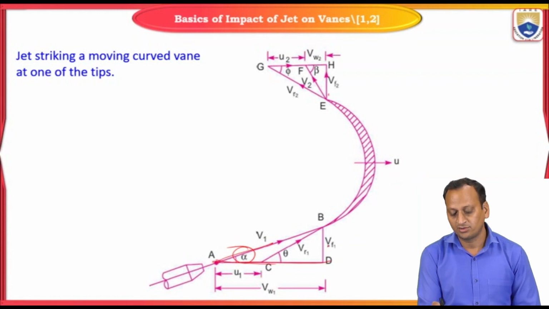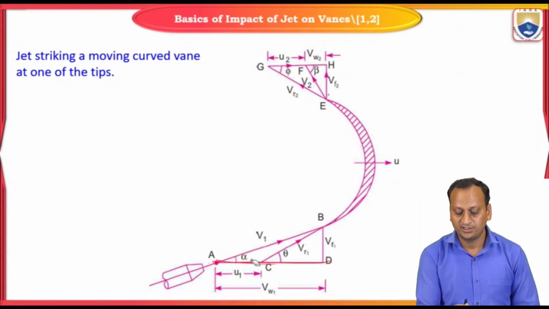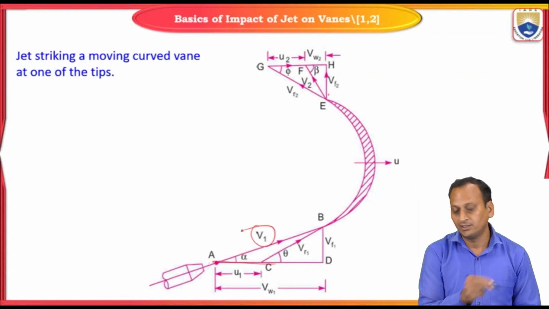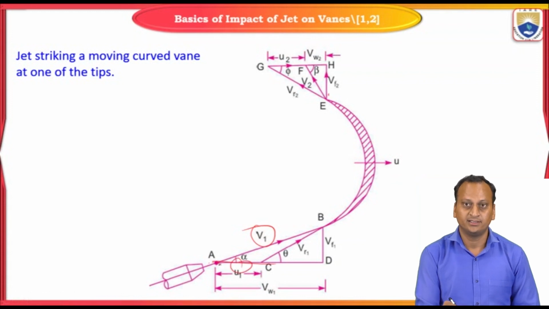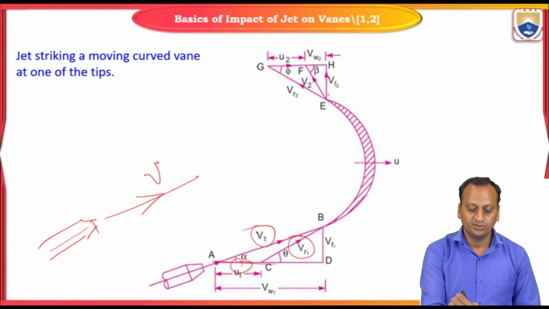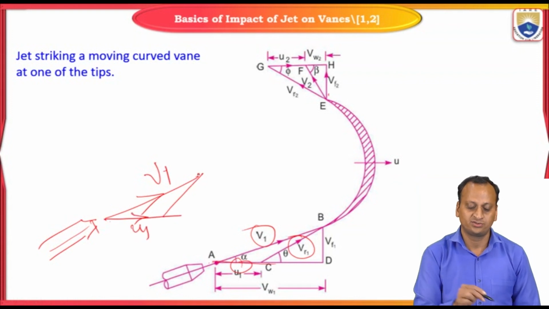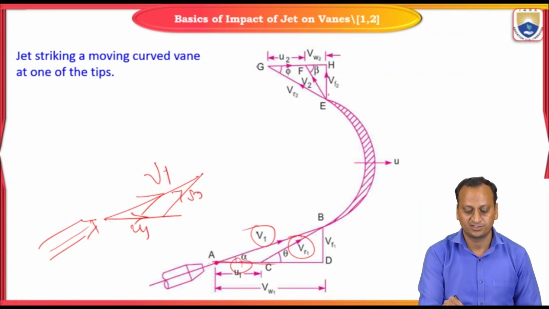Similarly, after drawing the triangle and knowing these various components, there is a relationship between the jet velocity and blade velocity, which is VR1, known as the relative velocity. This is the jet velocity through which water is impacted from the nozzle. Due to jet velocity V1, the blade will be moving with U1, and there is a relationship between these two: relative velocity VR1 will exist.